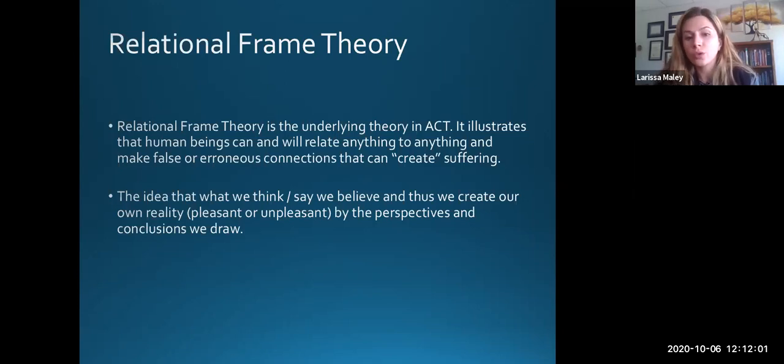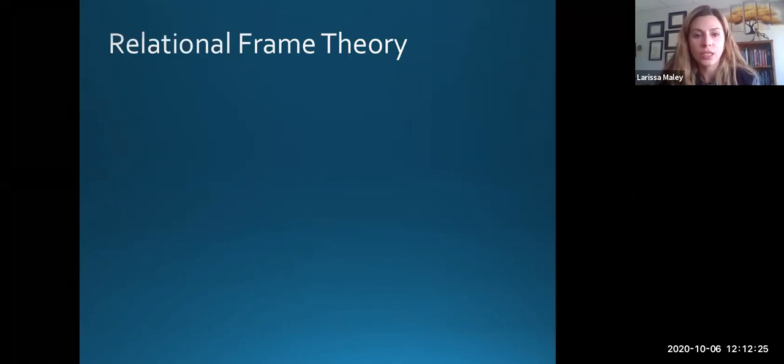And so therefore we create our own reality vis-a-vis our thoughts. And so that means that if we could control our thinking, we can make our life much more pleasant, or much more unpleasant if it's uncontrolled, just based on the conclusions that we draw, not changing anything external, just purely based on how we change our thinking or our perspectives.